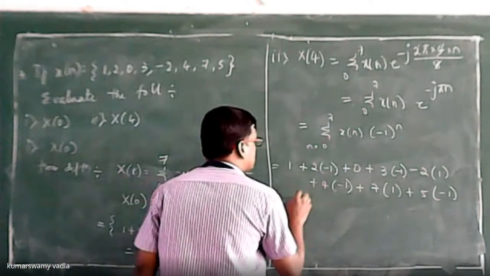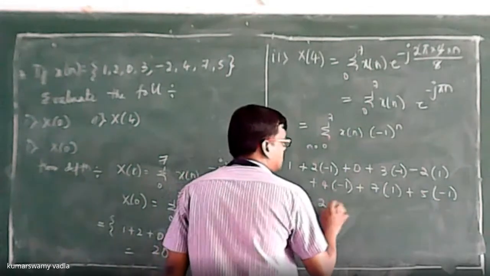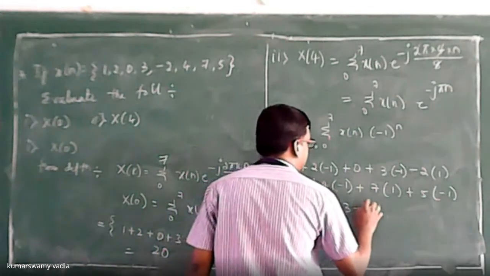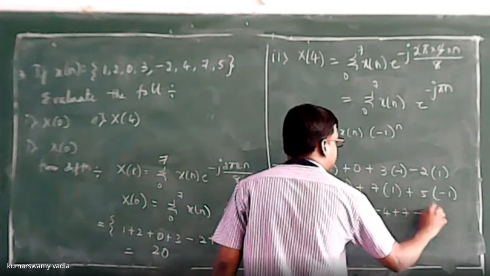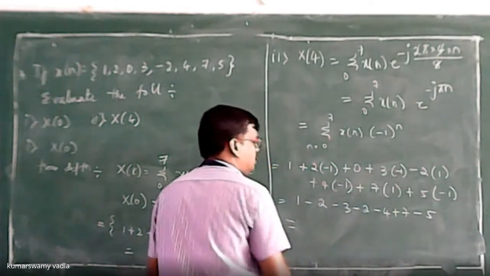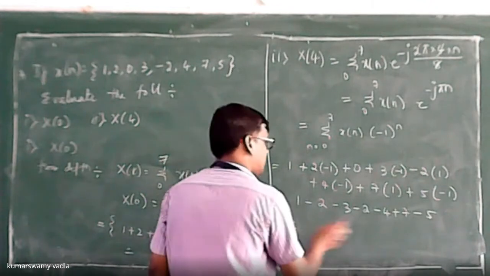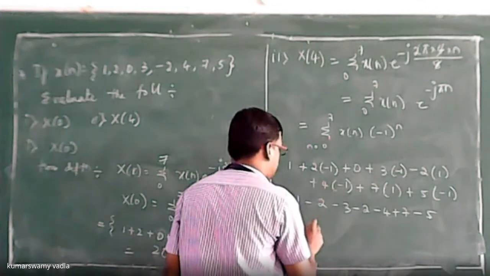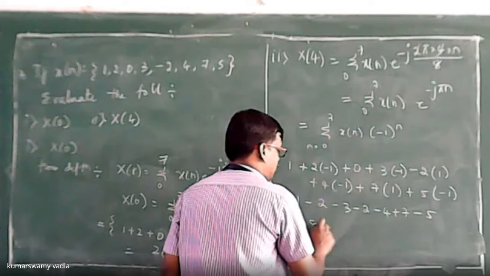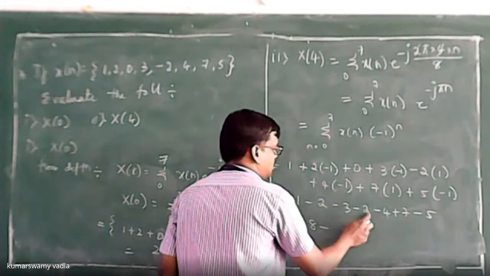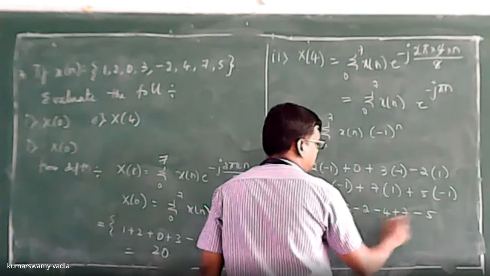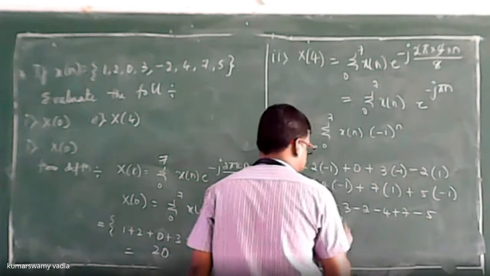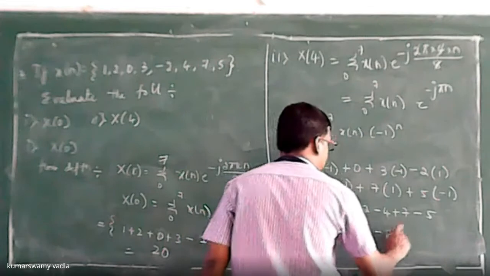So 1 minus 2 minus 3 minus 2 minus 4 plus 7 minus 5. What do you get here? 7 plus 1 is 8, minus 2, 2 4 7, 7 4 11, 11 5 16. So this is minus 8.